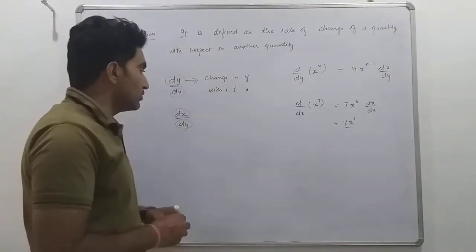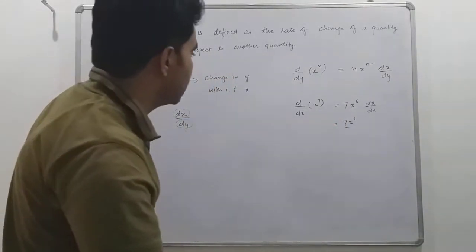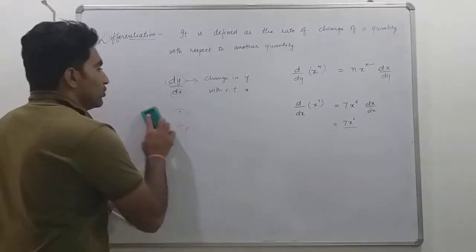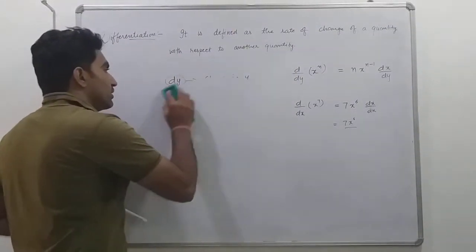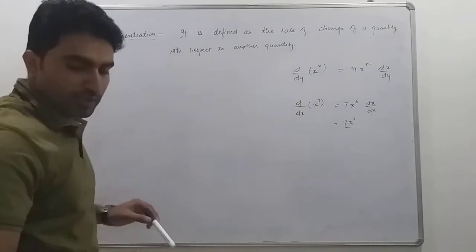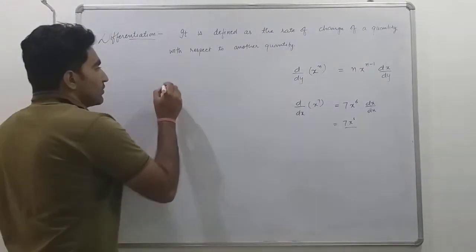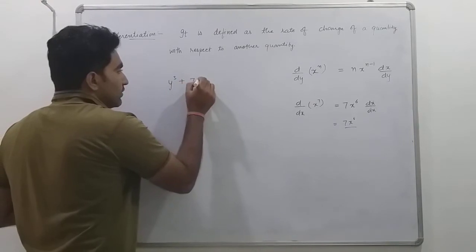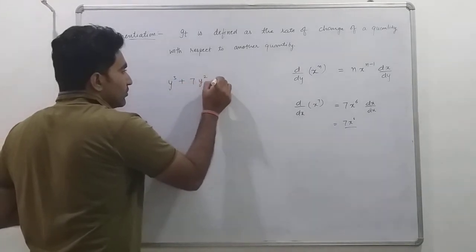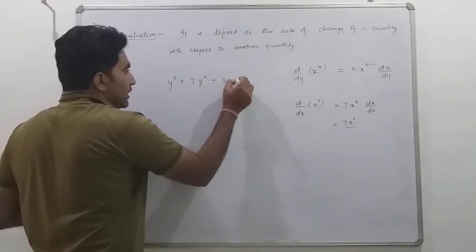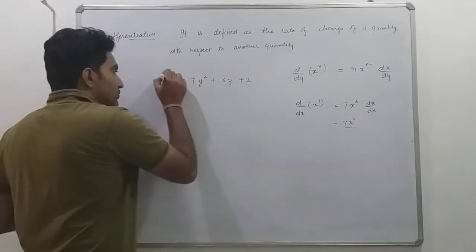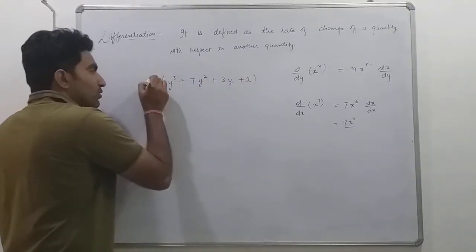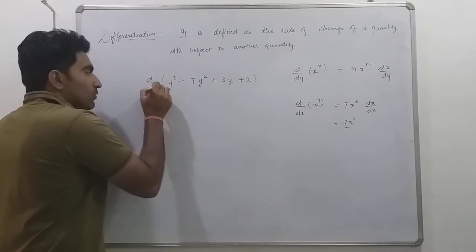Let's discuss more examples. Suppose we have a polynomial given in the form of y cube plus 7y square plus 3y plus 2, and we have to differentiate this polynomial with respect to y.